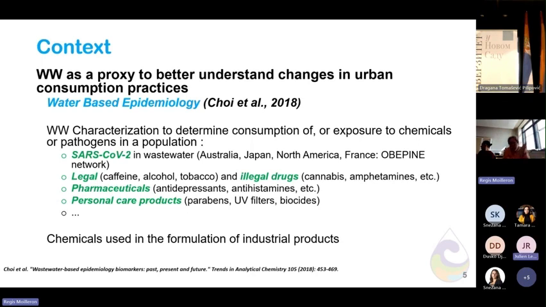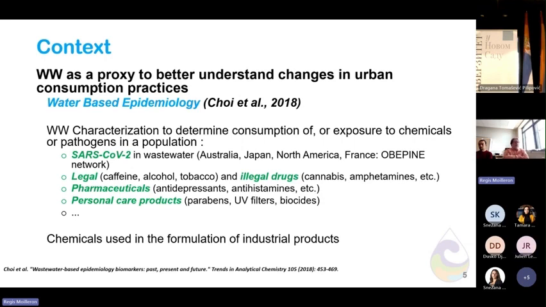Why is it so important to measure micropollutants in wastewater? It's because wastewater is a proxy to better understand changes in urban consumption practices. This is what we call wastewater-based epidemiology. This was a concept launched by Choi et al. in 2018.